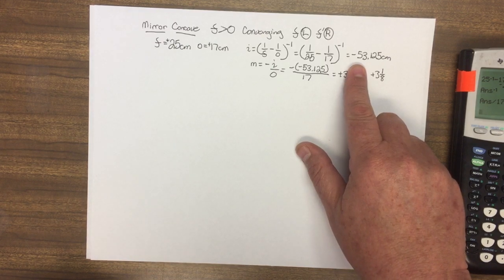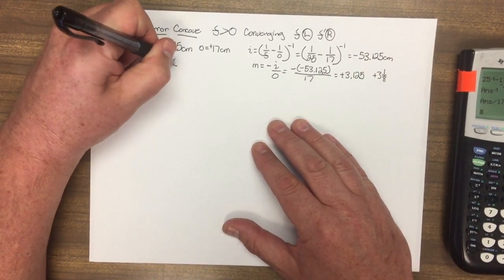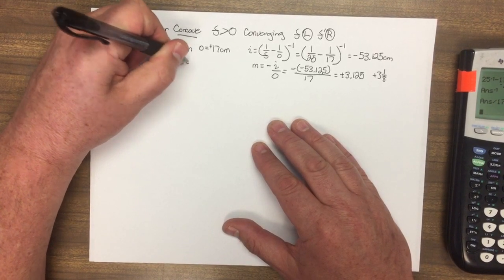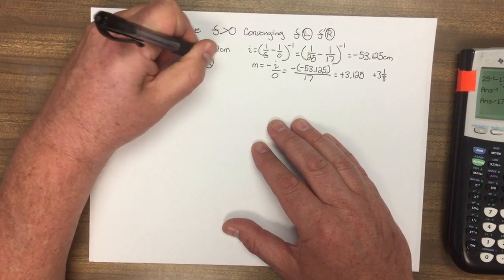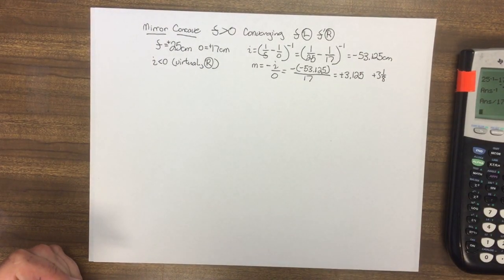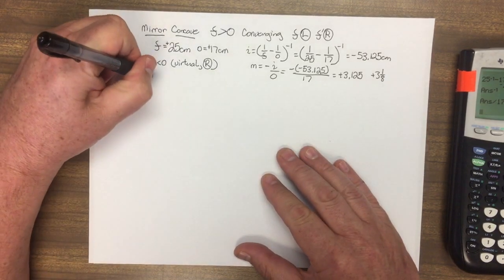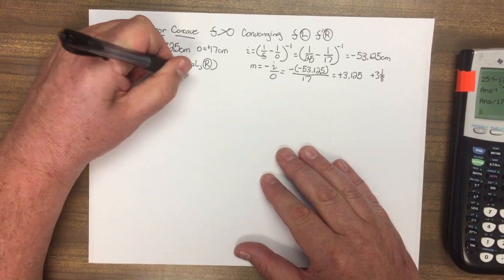That value, the image, is less than 0. So we're dealing with a virtual image. Virtual images on a mirror are to the right. So this is 53.125 centimeters to the right. The magnification is greater than 0, so the image is upright.